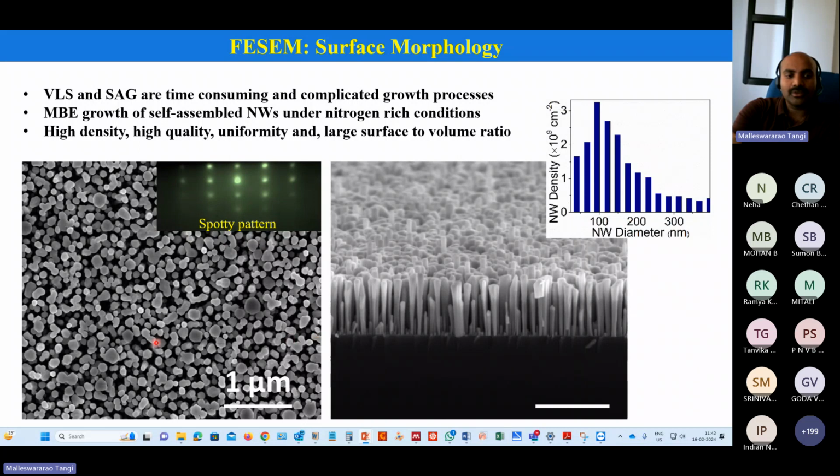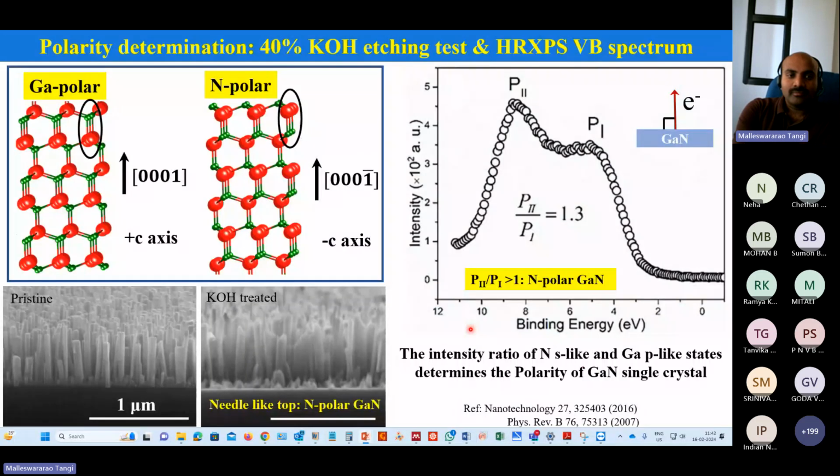This is the FESEM top view, and this is the FESEM cross sectional view of nanowires on silicon. And then we have to determine the polarity. Since these are polar materials, it can be either gallium polar or nitrogen polar.